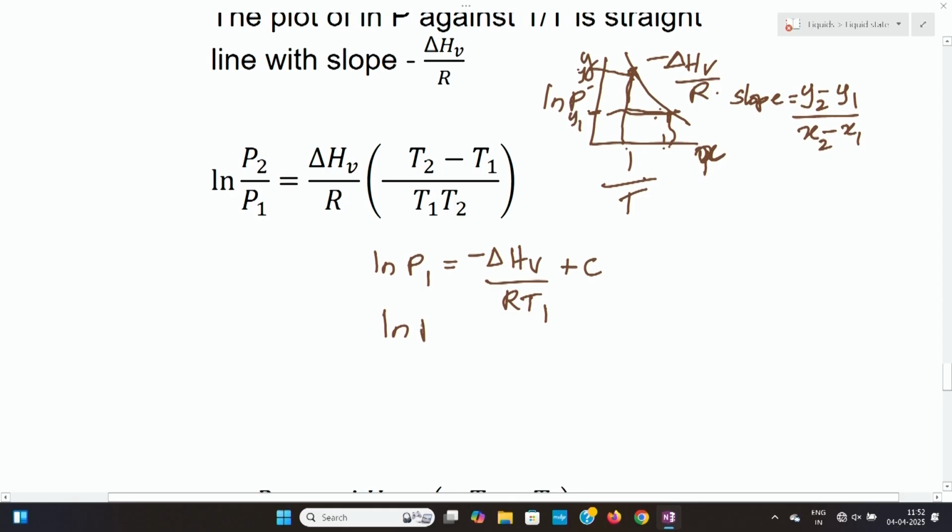Then for vapor pressure 2, the equation will be ln P2 is equal to minus delta HV by RT2 plus C. Okay, now this is equation 1, this is equation 2.